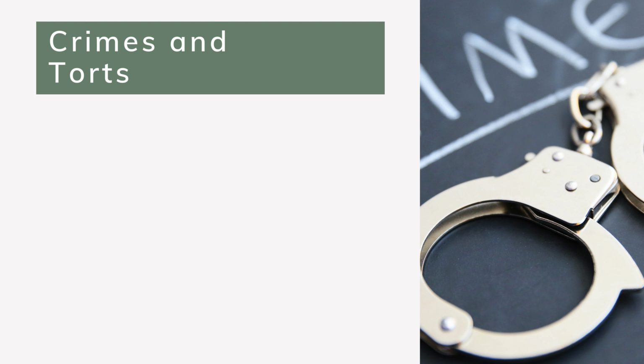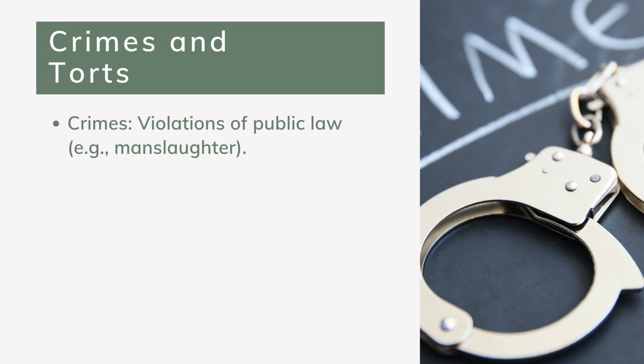Now let's break down two major legal categories that intersect with nursing: crimes and torts. A crime is a violation of public law. It doesn't have to be intentional to be punishable.